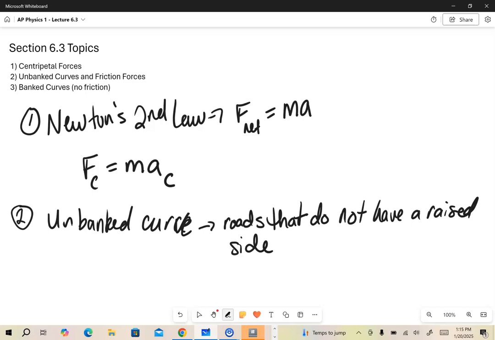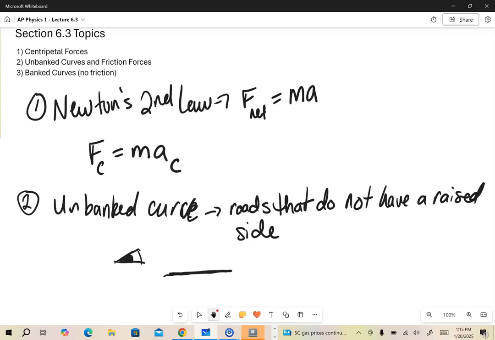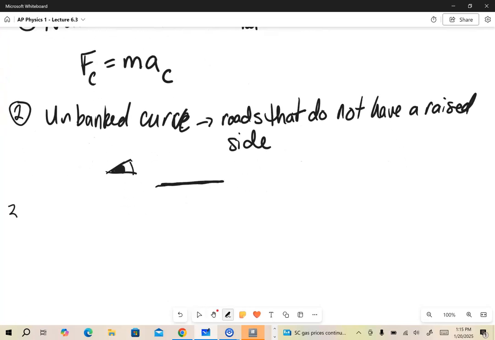If we're the person looking at this curve, and this is our eye, I know it's not a pretty eye, but it's an eye, okay? Let's say we're looking at the road straight on. What we would see for an unbanked curve is a flat line, right? If we look straight at it, we would see a flat line. If we were looking at a banked curve, which we will do in a second, then we are looking at a road that has been raised.